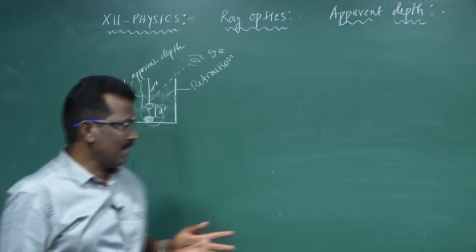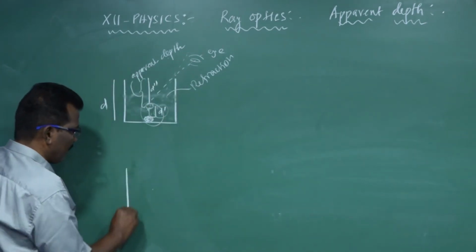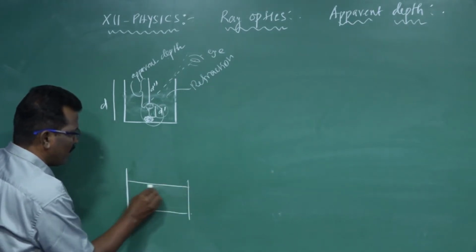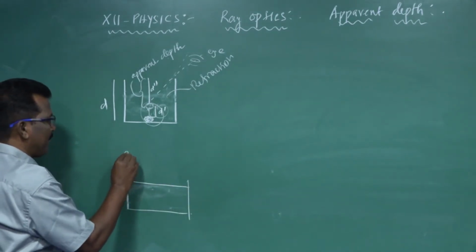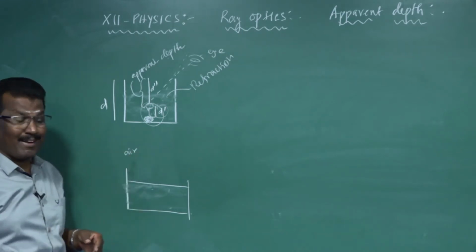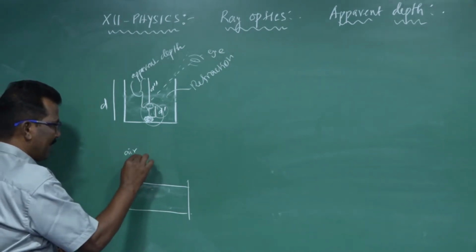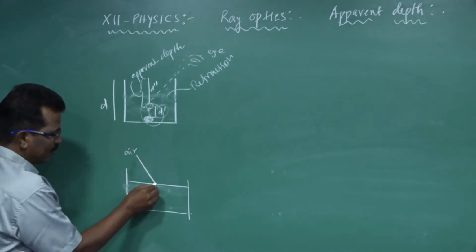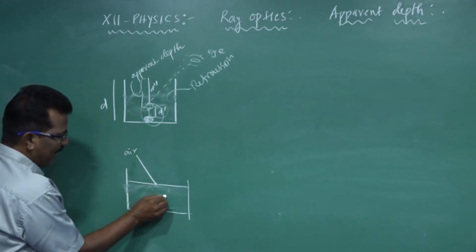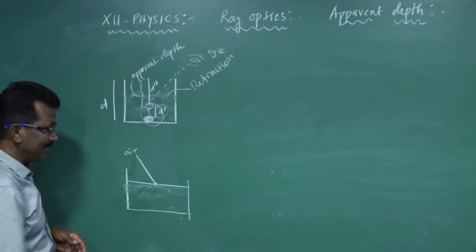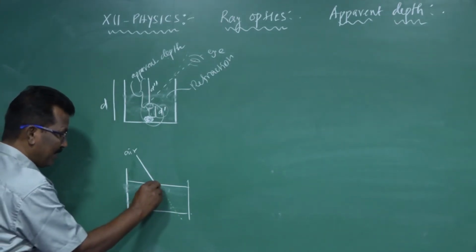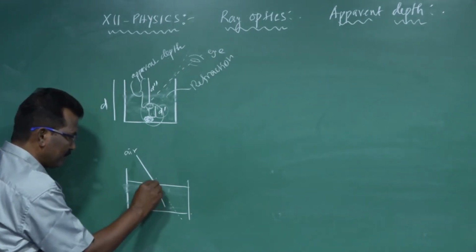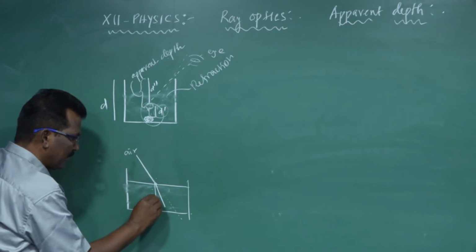When light comes from the source, suppose this is the liquid and this is the air medium. Air medium is called the rare medium. Suppose light coming from the source is incident on the surface of the liquid. Actually, the path of the light has to travel like this. Instead of this, after incidence at this point, it is refracted and bends towards the normal.